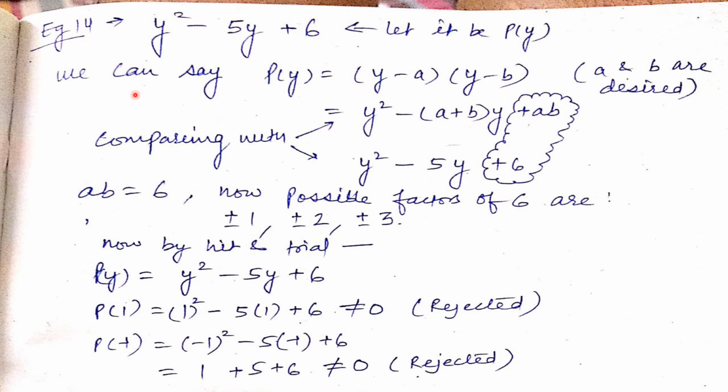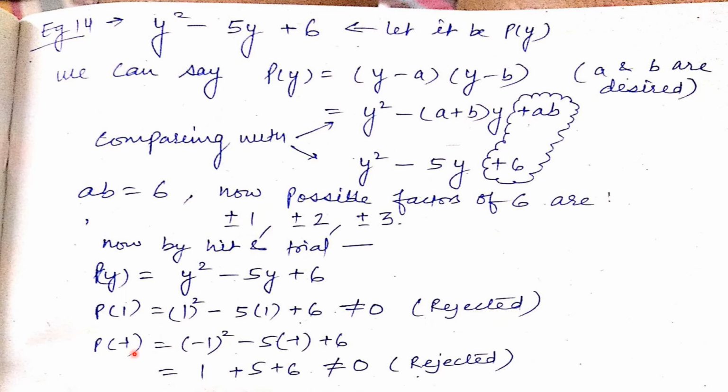Understood? Now putting 1 in the place of y, 1 square minus 5 into 1 plus 6. You can see 1 plus 6 is 7, 7 minus 5 is 2. So it is not equal to 0. So I am rejecting it. No need to show the complete solution. If it is not coming as 0, you can straight away say rejected.